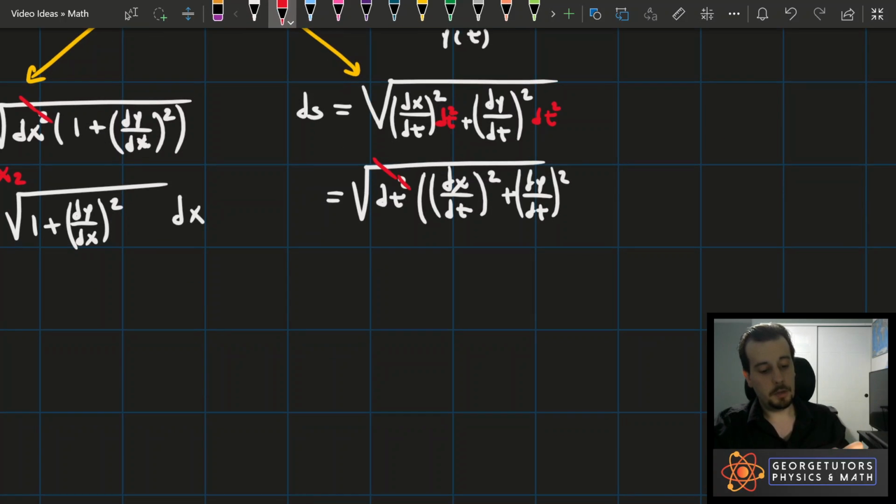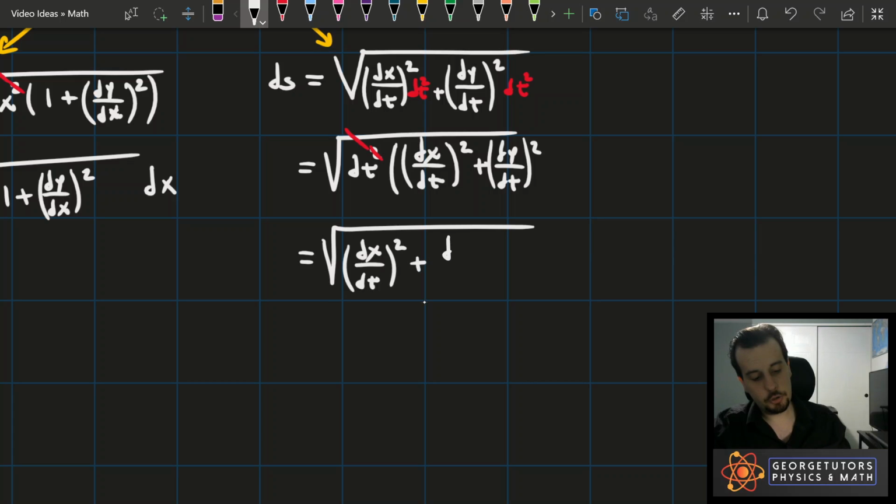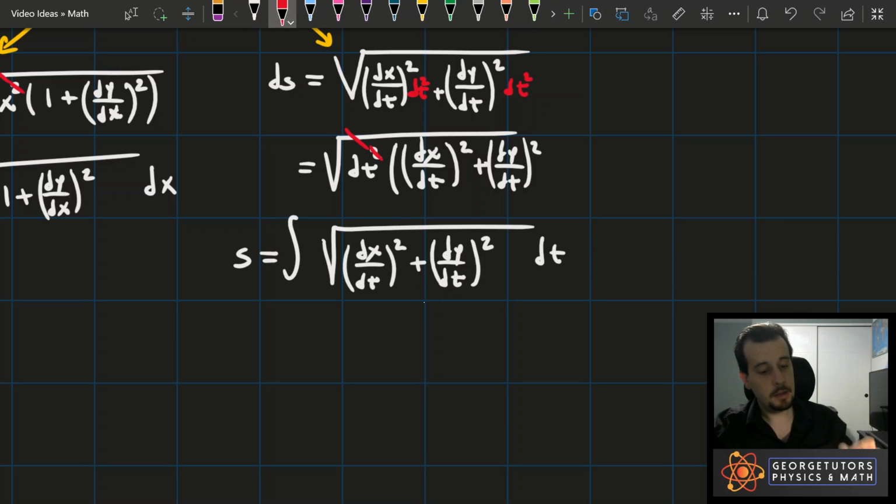The square root applies to my dt, leaving me with simply the derivative of x with respect to t squared, plus the derivative of y with respect to t squared, and my dt is sitting at the front. That is the length of the blue element that we were analyzing previously. If I want to find the total here, I need again to integrate between some parameters t1 and t2.